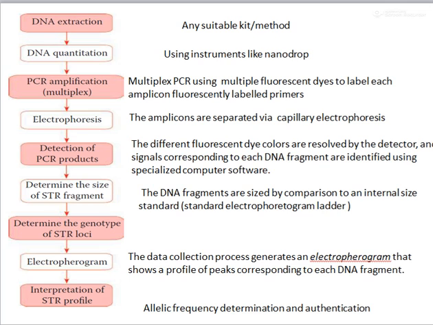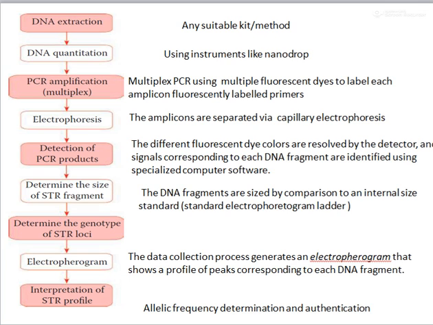Here we use a multiplex PCR using multiple fluorescent dyes which label the primers. You use different primers targeting different STR regions found in different loci. After the PCR reaction, we separate the products by capillary electrophoresis.